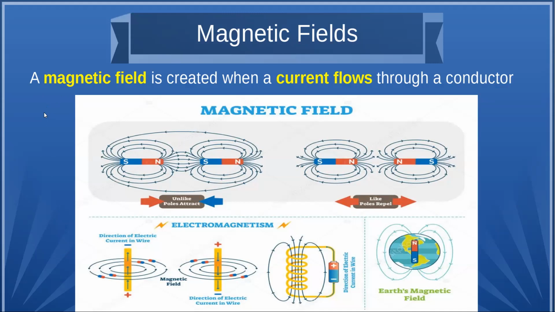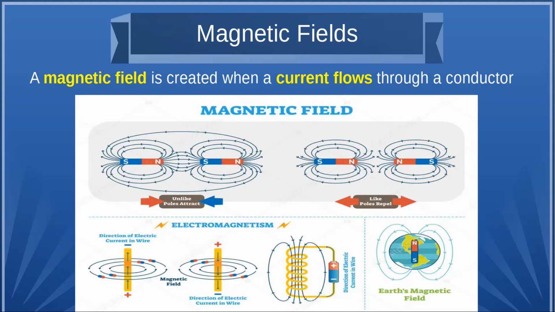Okay, now magnetic fields are also created when you have a current flowing through a conductor. So you not only have an electrostatic field or an E field, but you have an H field or a magnetic field. Similar to magnets, okay, you've got that magnetic field and opposites attract and the same polarity repels.